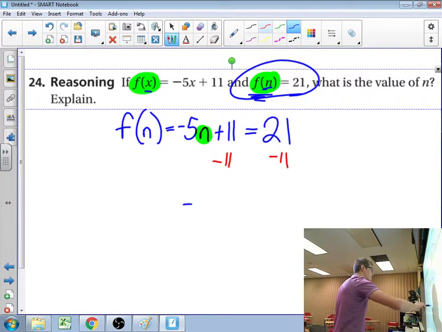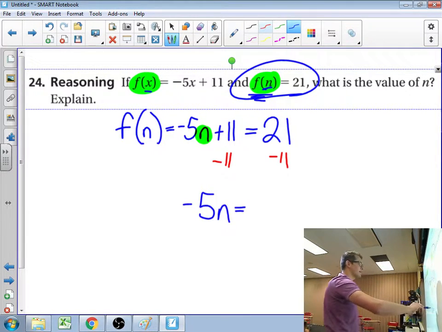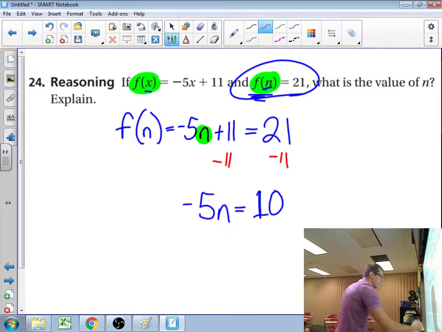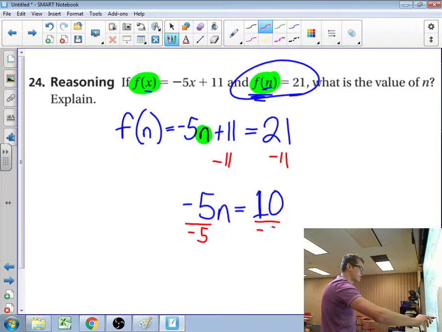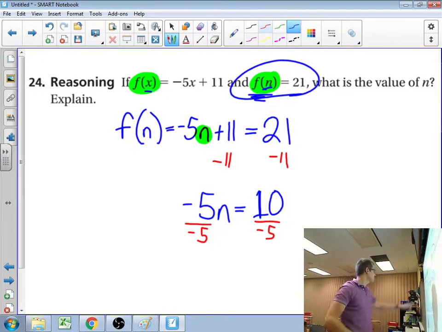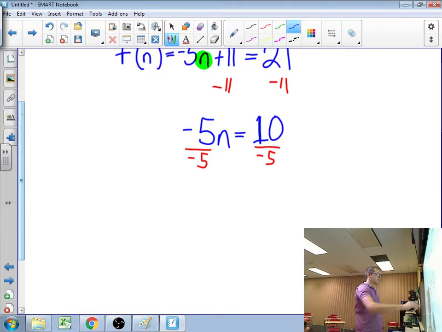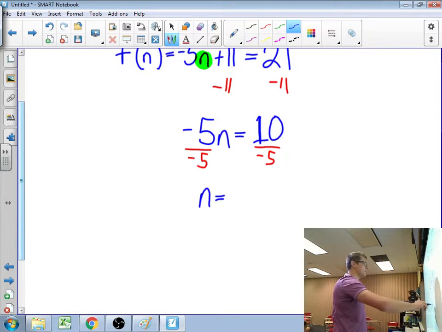So then I get a negative 5n, do not forget that negative, equals just 10. Then to get rid of that negative 5, it's multiplied by my n, so I have to divide. So I divide by negative 5 on both sides. And I'm going to get a solved n value of negative 2.